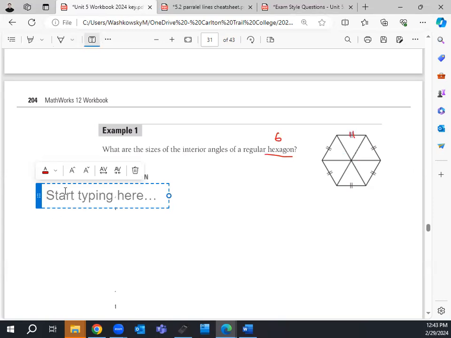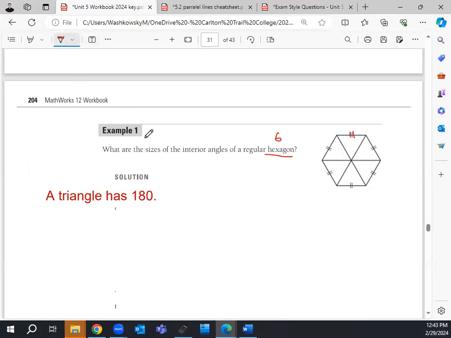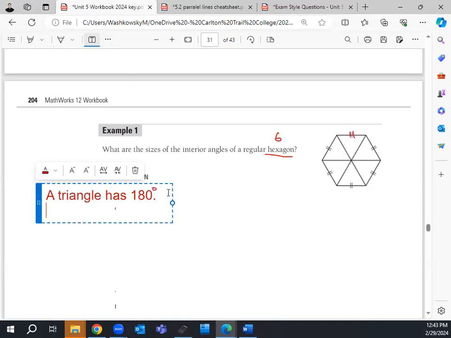So here's what we know. A triangle has 180 degrees, right? How many triangles do we see here? 6. So if we want to know how many total angles there are in here, with 6 triangles, it's just 180 degrees times 6.